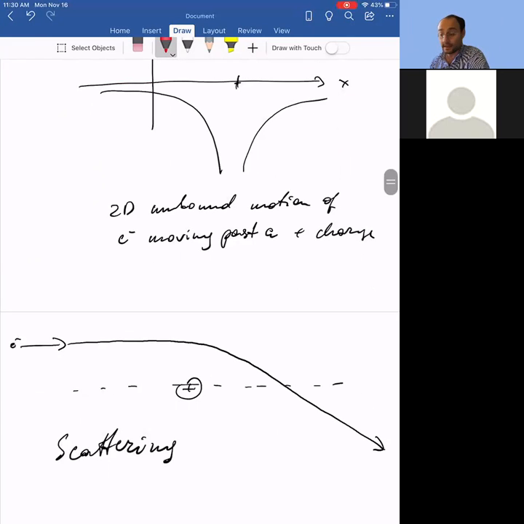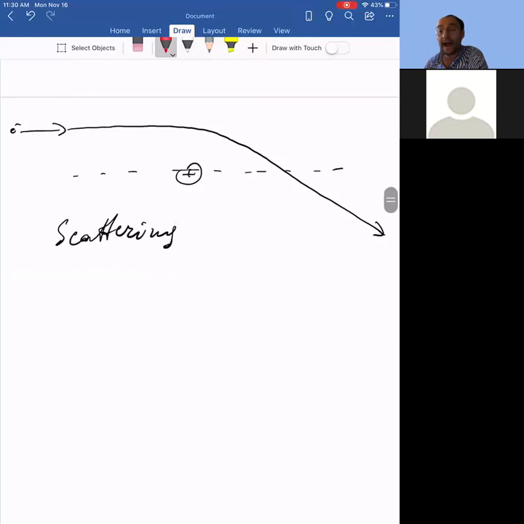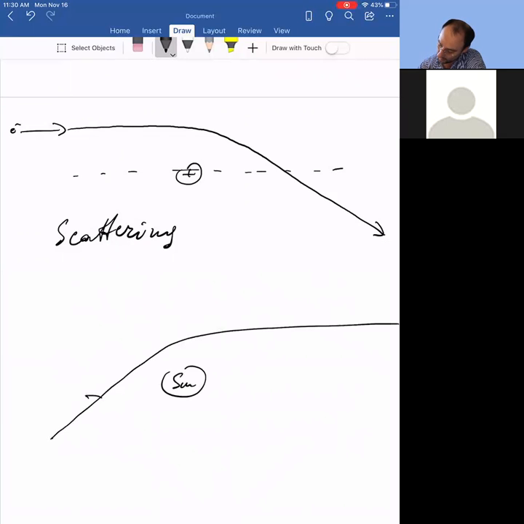This is scattering. Or you can have exactly the same thing for gravity. You know, electrostatics and electric behavior and gravity, they're similar. So you could have the sun, and you can have some kind of a comet, right?